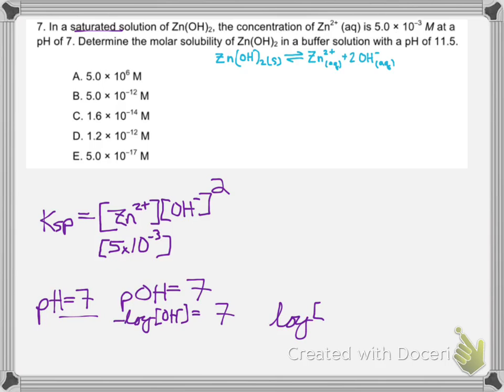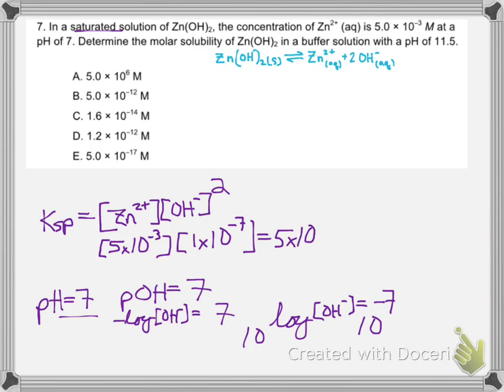We'll get the log of hydroxide is equal to negative 7, and then we'll do 10 to both powers. And that'll give us our hydroxide ion concentration, which is just 1 times 10 to the negative 7th. So we'll plug that into our K expression. And when we do, we'll end up getting that KSP happens to equal 5 times 10 to the negative 17th.